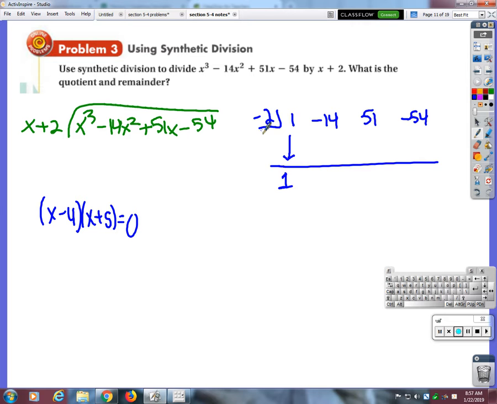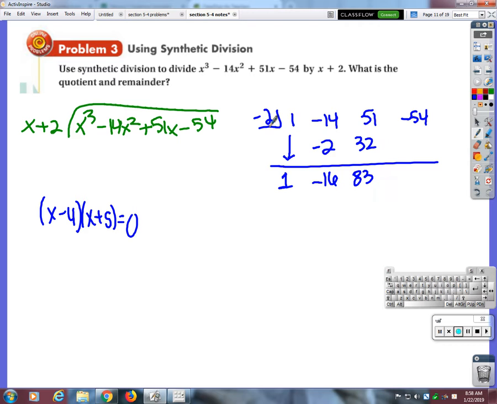Negative 2 times 1 is negative 2. I do not have to change the sign in this method. I'm adding them together, not subtracting. Negative 14 plus negative 2 is negative 16. And then I do that again. Negative 2 times negative 16 is 32. Add these two together and get 83.